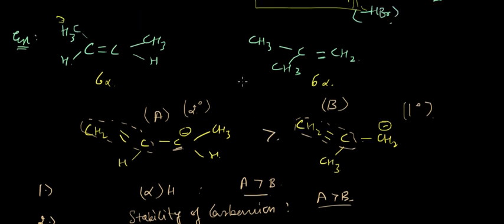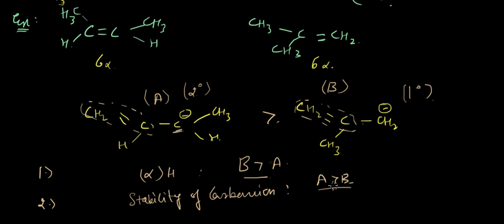Hence, I beg your pardon, the number of alpha hydrogens in B was more than A. Sorry, B was more than A, and obviously for the stability of the carbanion, the 1-degree carbanion would be more stable as it is having less number of plus I groups attached to itself.